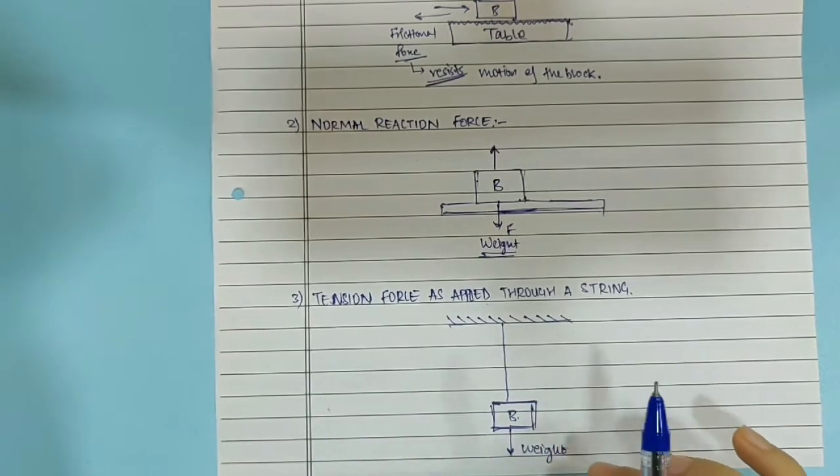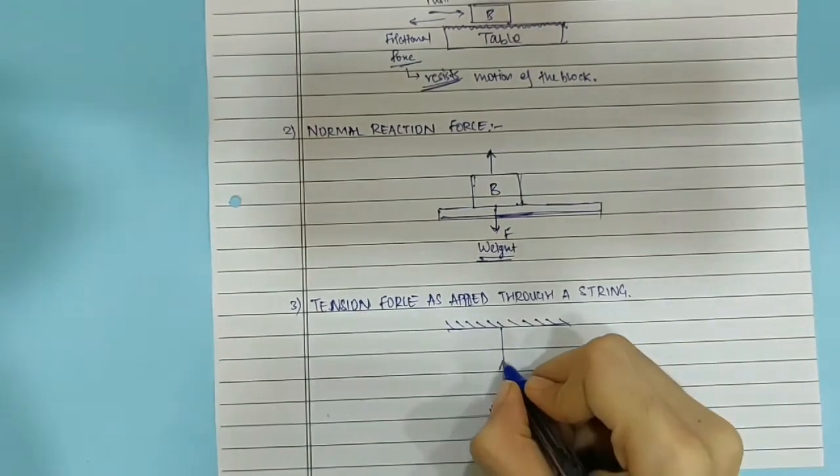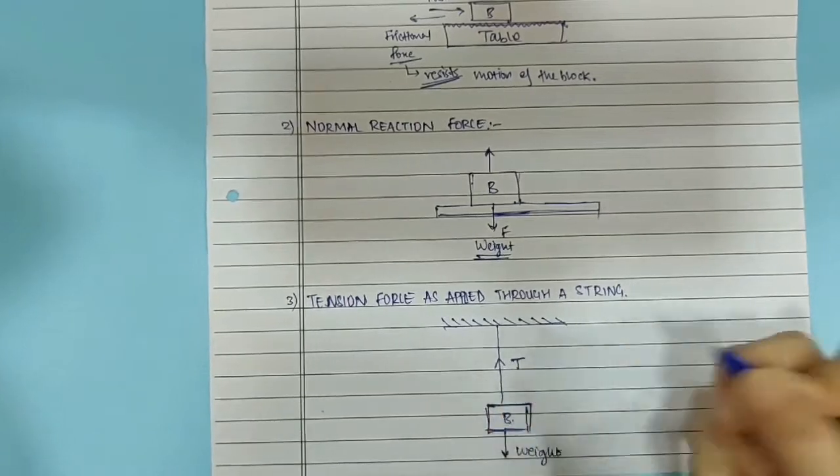This force developed in the string is known as the tension force, denoted by T.